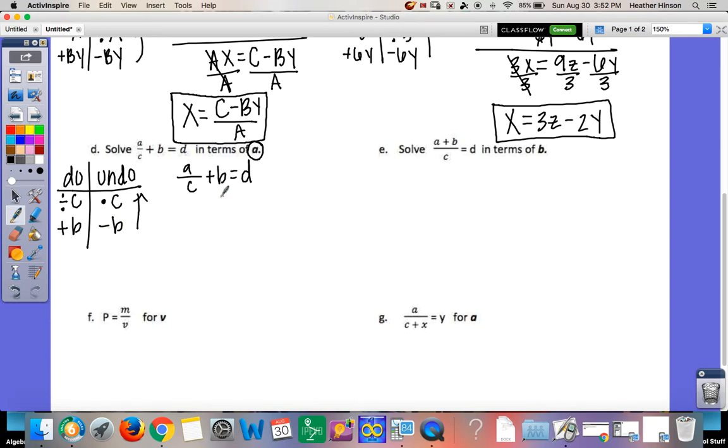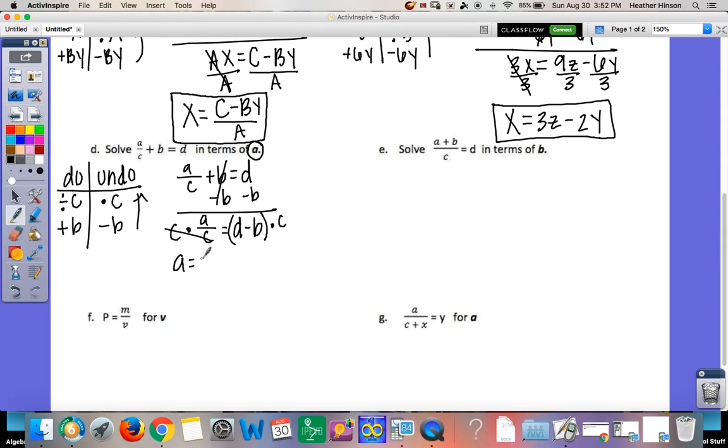So we're going to minus B, just like we said in our table. We'll bring down A over C. And then we have D minus B. We can't combine them because they're not the same letter. They're not like terms, so we just write them out beside each other. To get rid of C, we're going to multiply C. Now you have to multiply it by the entire piece on the right side. So you can write this one of two ways.